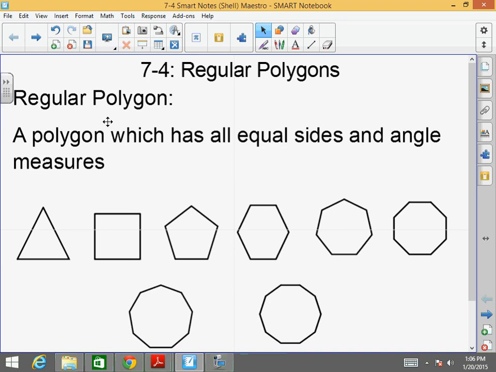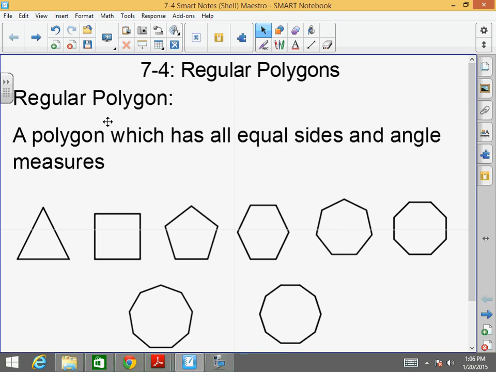A quadrilateral. Triangle's not a quadrilateral. A rhombus, yes, very good. And by the way, a triangle would be equiangular. Okay, but that's okay, no big deal. So a rhombus is a quadrilateral that is equilateral but not equiangular.